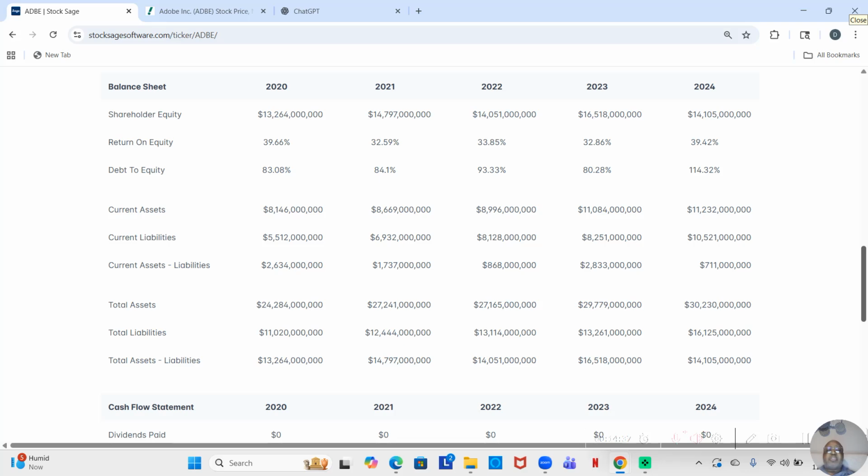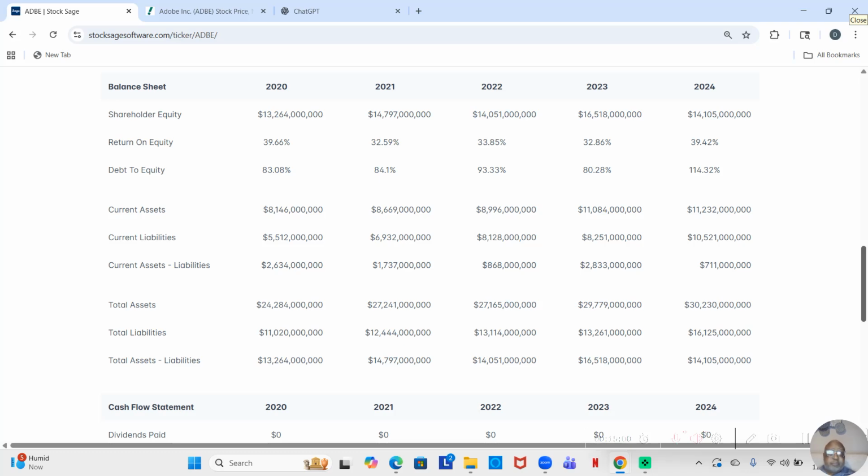Now let's look at the debt to equity. And with the debt to equity, I like for it to be below 200%. If it's below 200%, the rest of the balance sheet should look pretty decent.